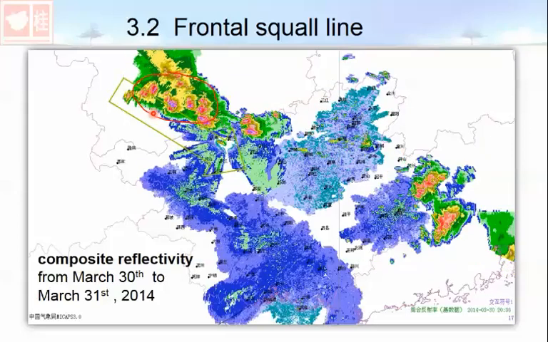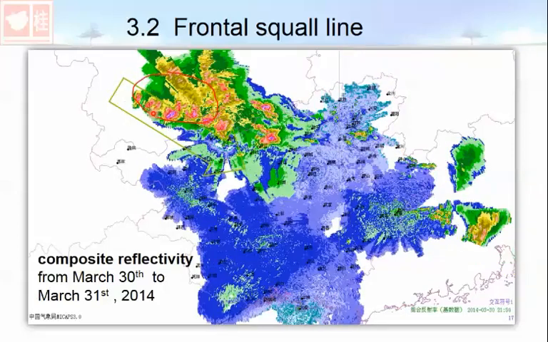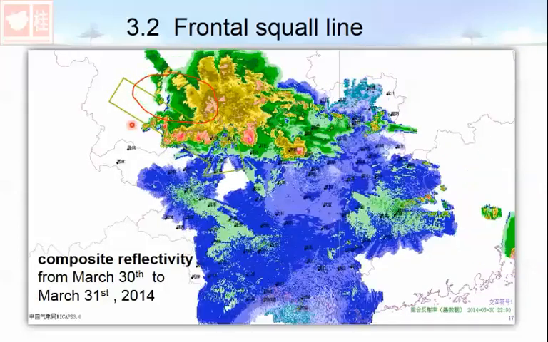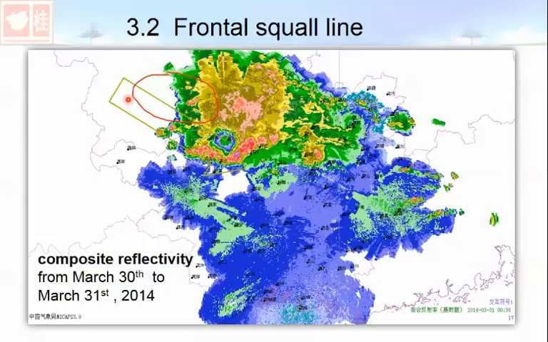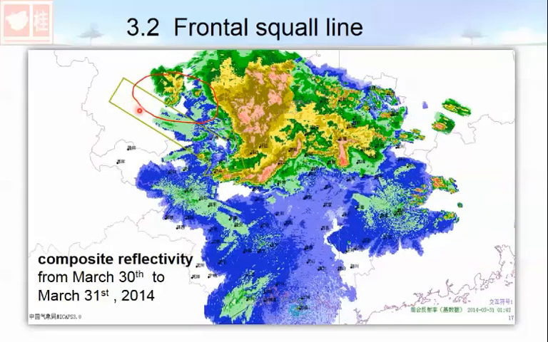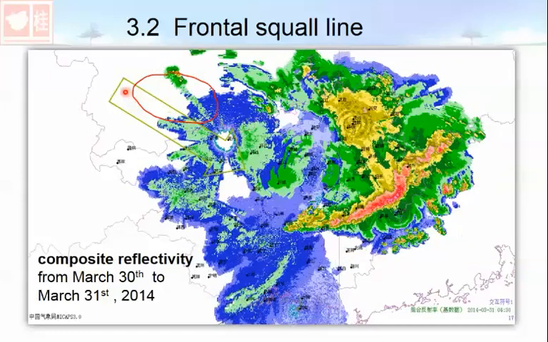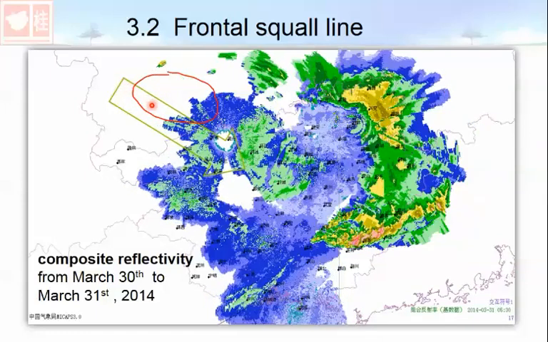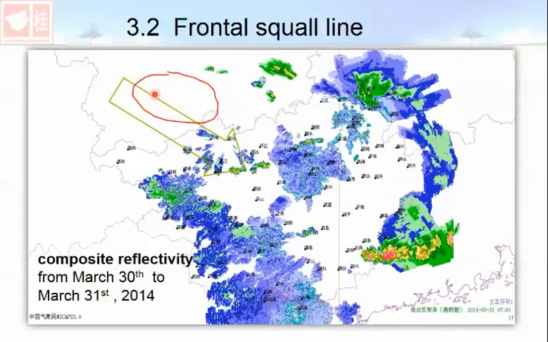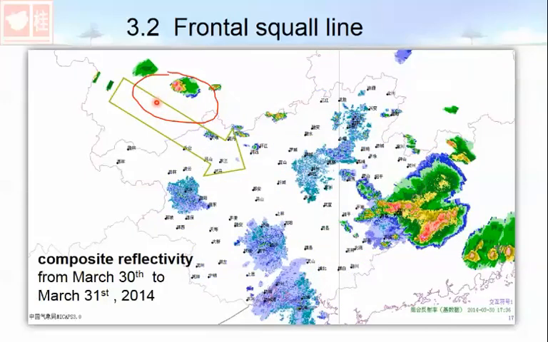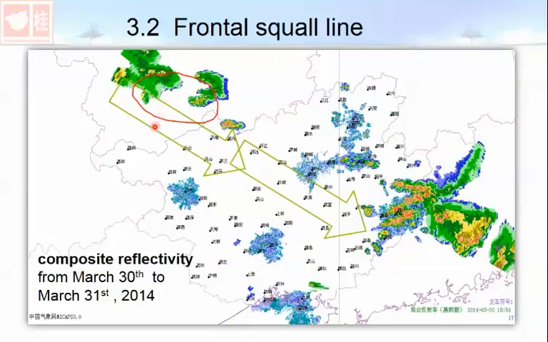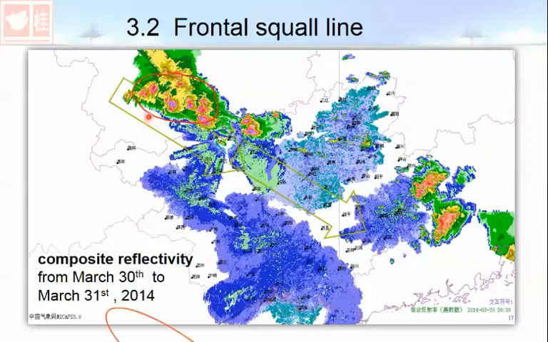This is the frontal squall line that happened on March 30, 2014. It can be seen from radar echo evolution that the initial convective cell first moved from southwest Guizhou to northwest Guangxi at midnight on March 30th.